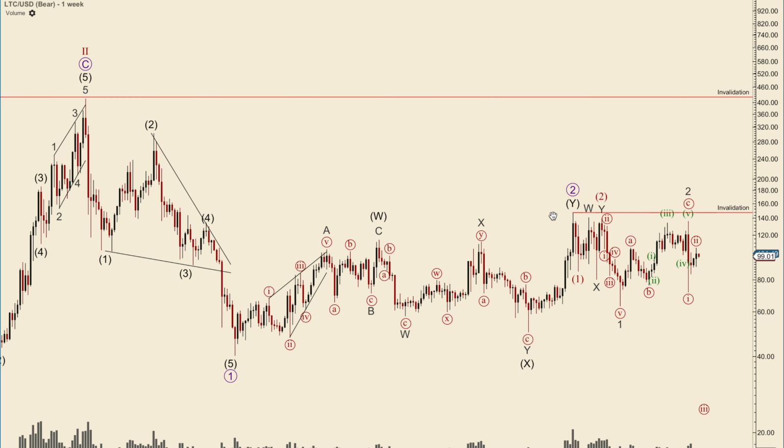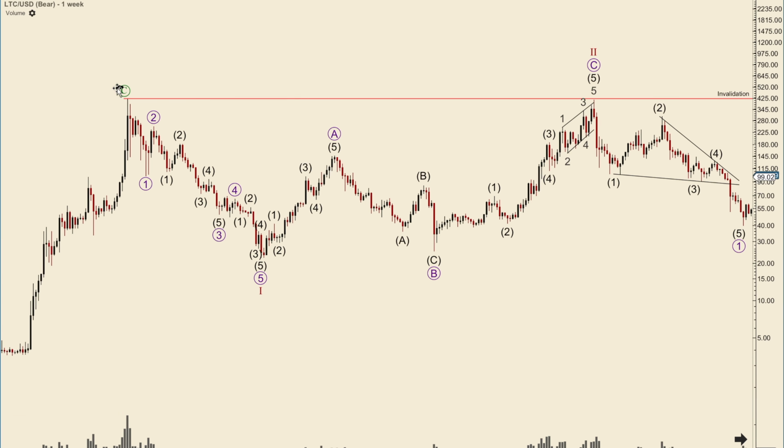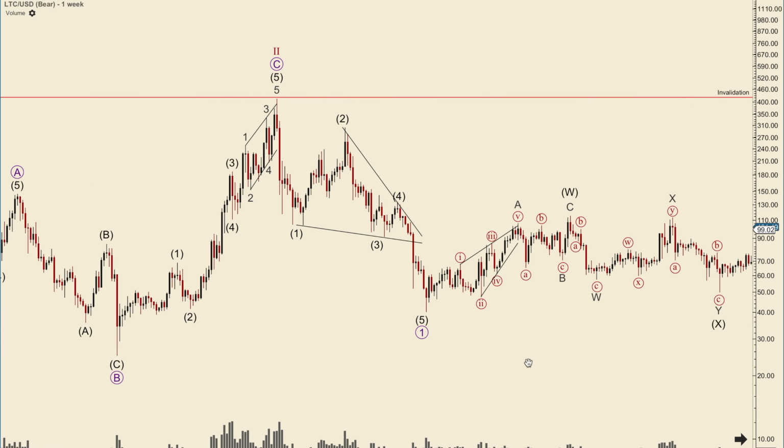And remember those invalidation lines. If we are bearish, we don't want to take out that, and we definitely do not want to take out this high, because then the bearish option is gone and we are looking for way higher prices.